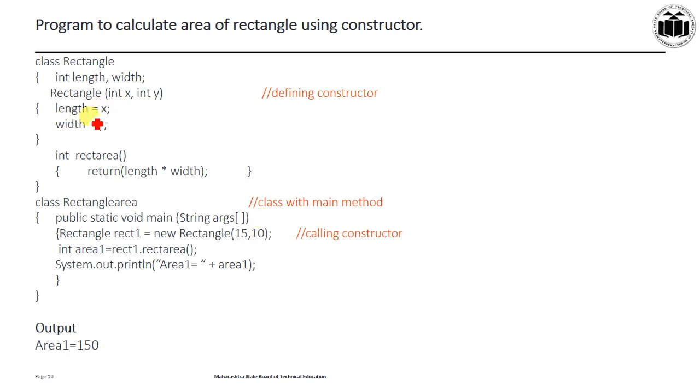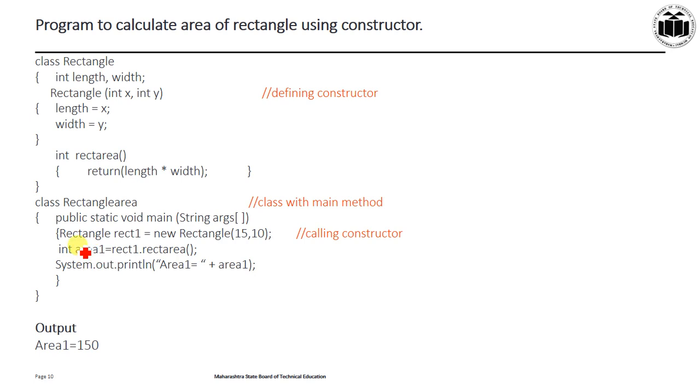So 15 and 10. x will get value 15, y will get value 10. Afterwards, our length will get the value of x, that is 15, and width will get the value of y, that is 10. By using this object, rect1, we call the method which we have created, rect area. We write rect1.rectArea. So the area of the rectangle will get calculated and that value is stored into area1.